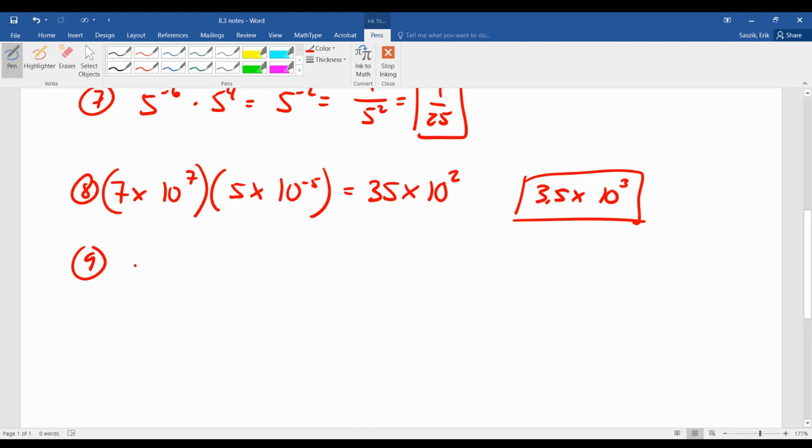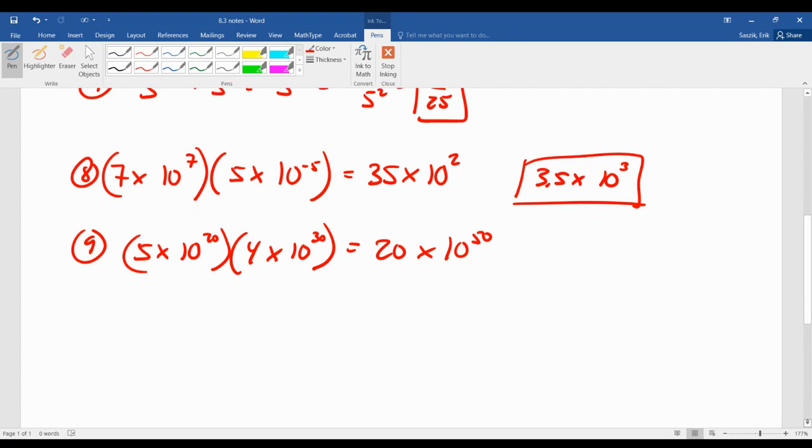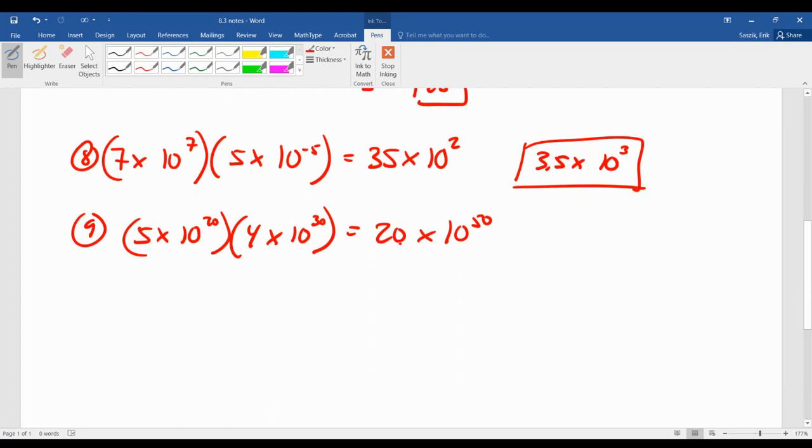Here, I'm just going to, 5 times 10 to the 20th times 4 times 10 to the 30th. Again, multiply, you get 20. Add those, you get times 10 to the 50th. But again, that's not scientific notation.